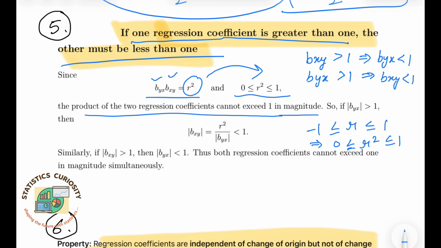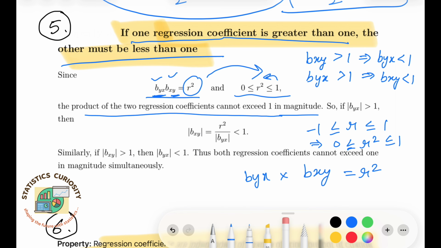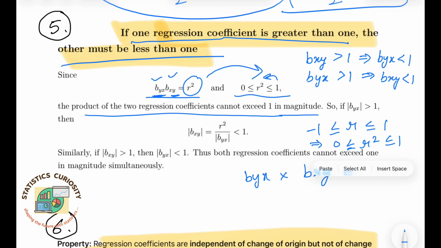Are you understanding? If one value is greater than 1, if your byx is greater than 1, then the other must be less than 1 so that their product remains less than or equal to 1. In this way, byx into bxy is r square, and since r square lies between 0 and 1, this r square should always be less than or equal to 1.